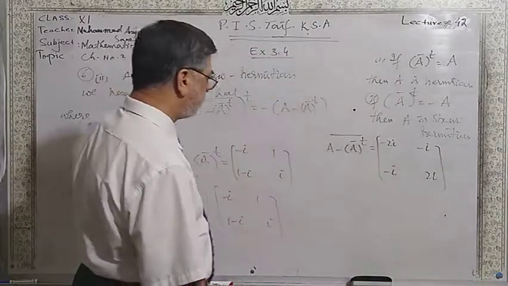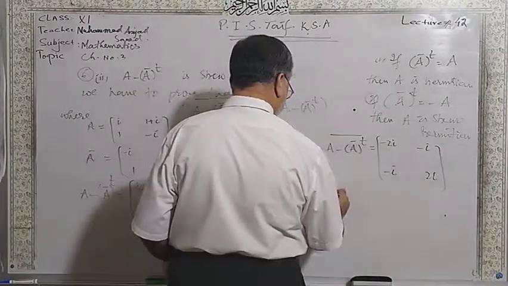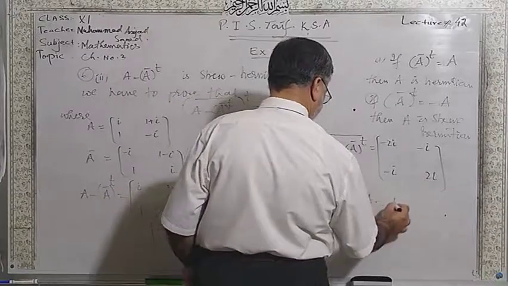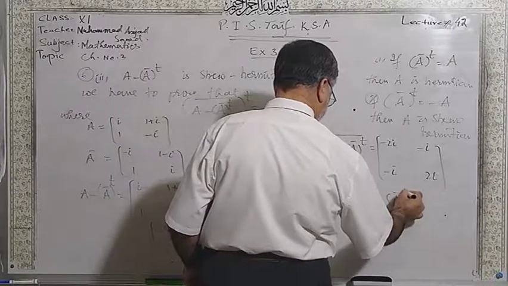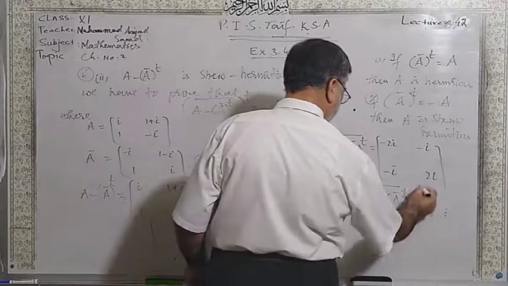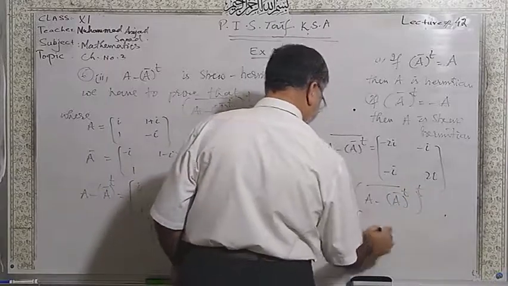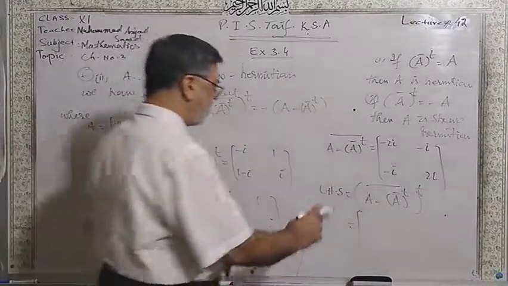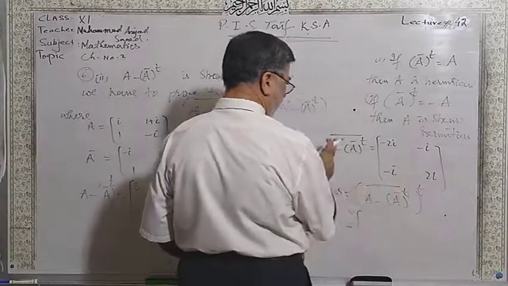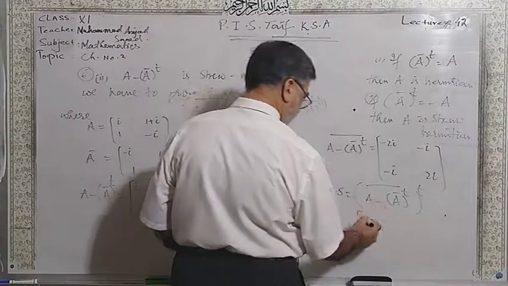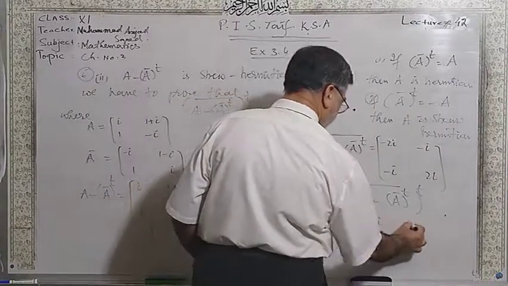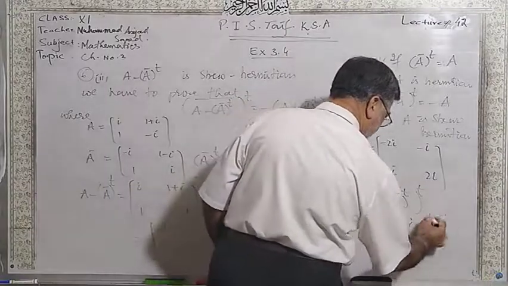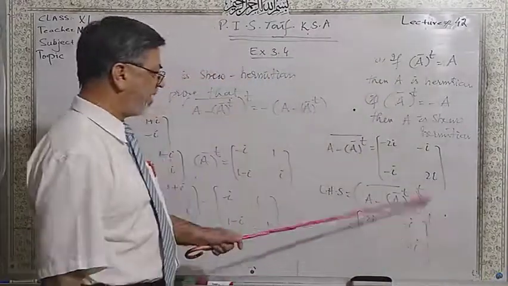Remember that. Now we will take the left hand side: A minus A bar transpose whole bar whole transpose. So we will write down A minus A bar transpose whole bar, minus 2 iota, minus iota and 2 iota, and here we will take the transpose.